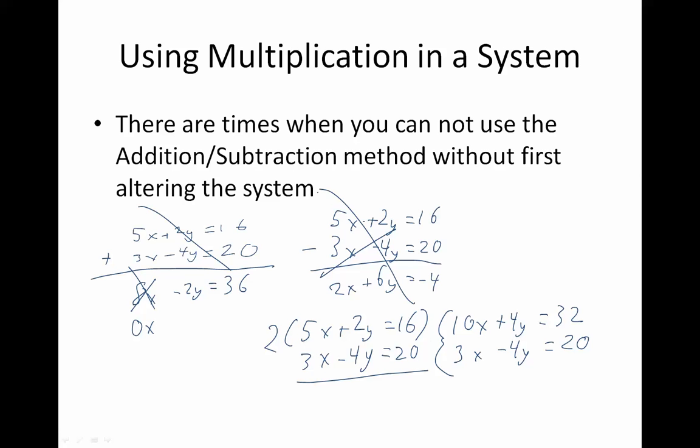So it's okay to do that, to take everything and scale it by this number over here. Now when I add these things together, I get 13x equals 52. Now it's just like we had with the elimination method where a variable is by itself. And that's what we need to have happen.